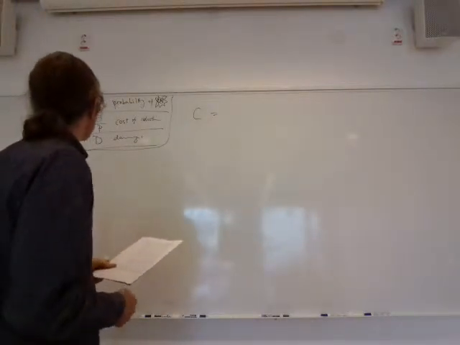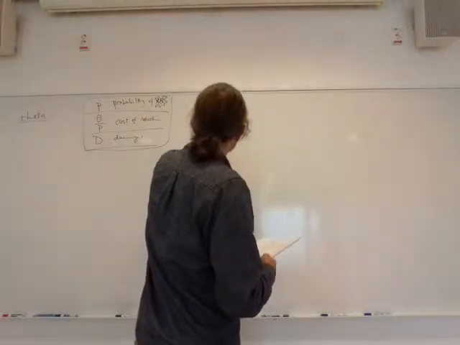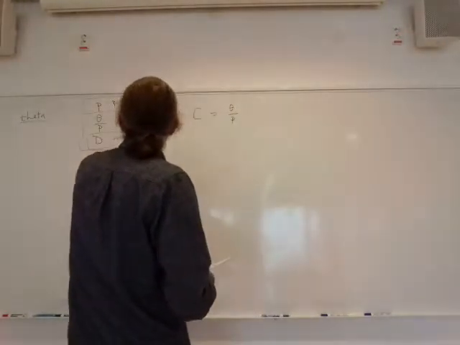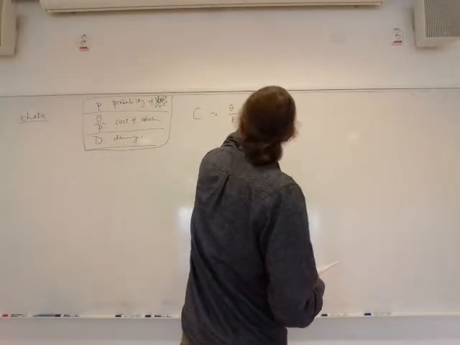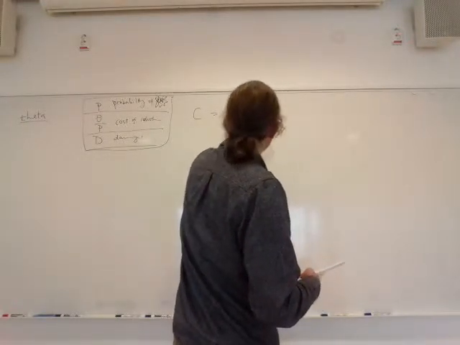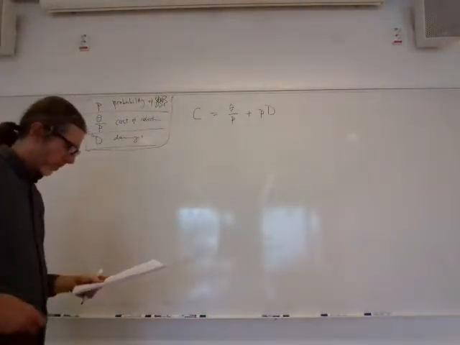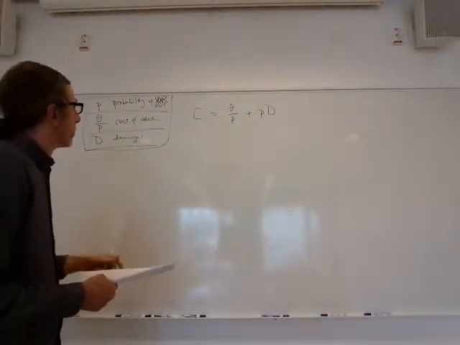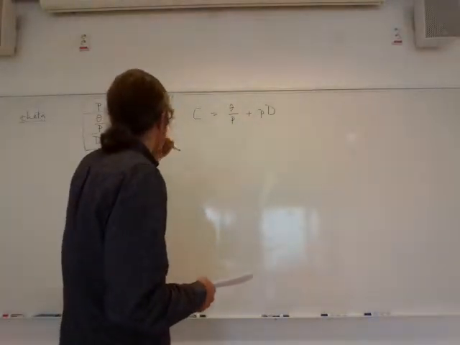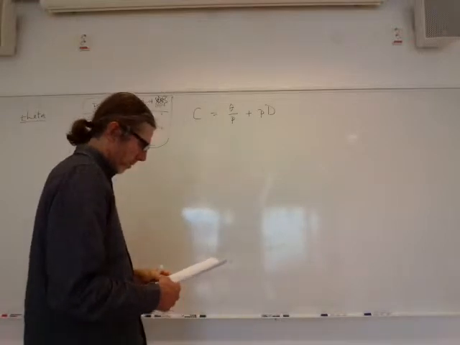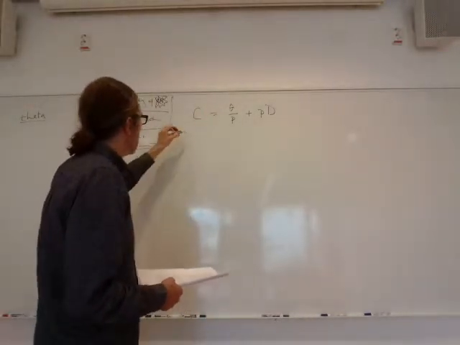And expected social costs are the costs of reduction, theta over P, plus PD. So this is like if we know theta.